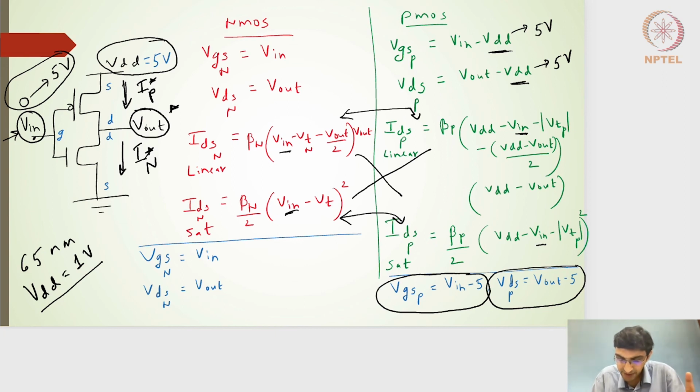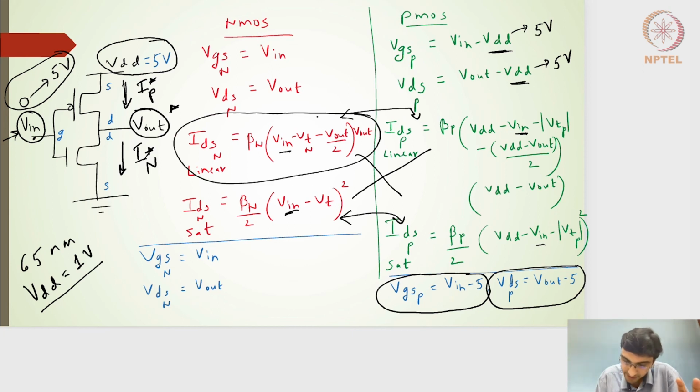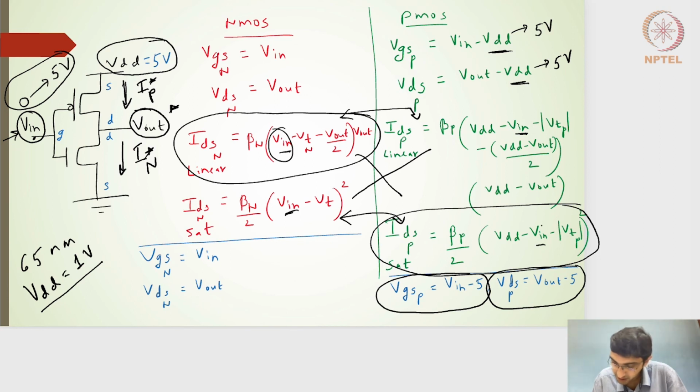Now, for example, let me take one such example. If I equate this current, and let me say I equate this one, because both the transistors are in series, I will have the V output as a function of V input, and I can make some judgment about it.